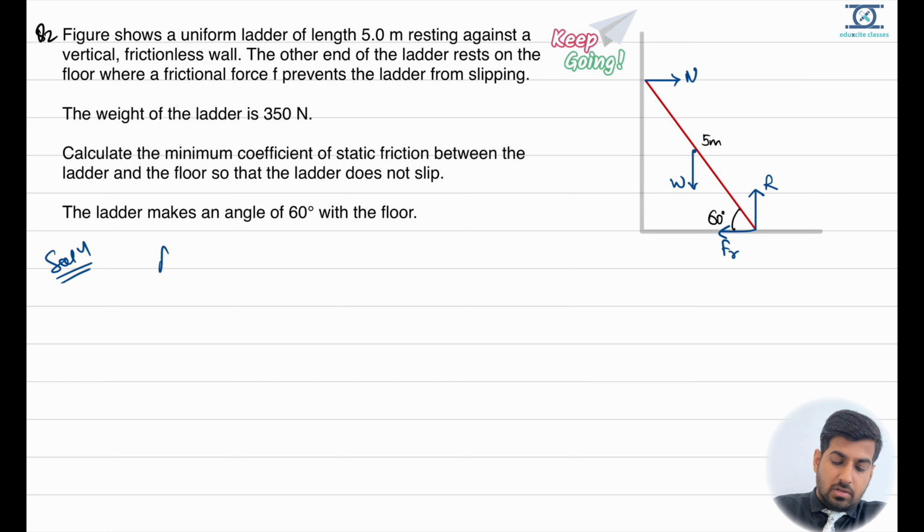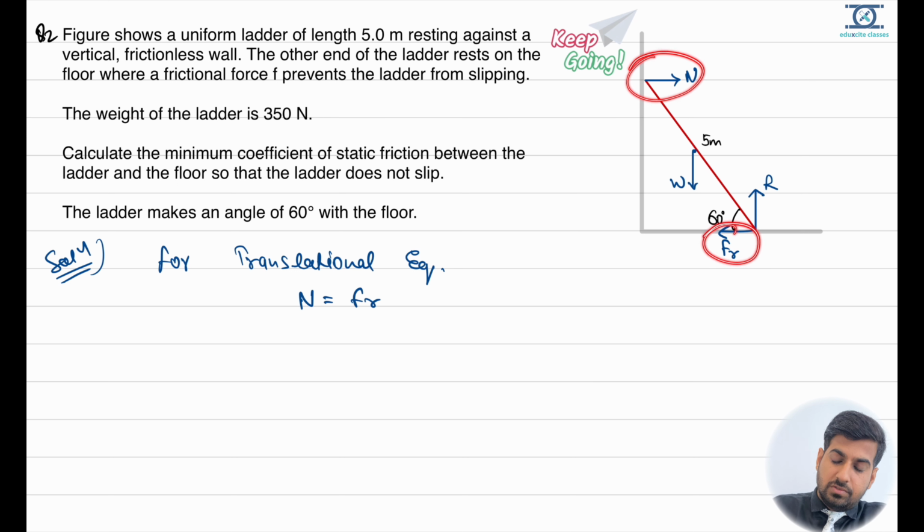So for translational equilibrium, the normal reaction force will be equal to the friction, and this normal reaction force will be equal to the weight. So W will be equal to R.